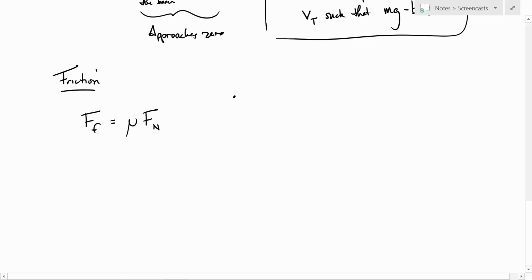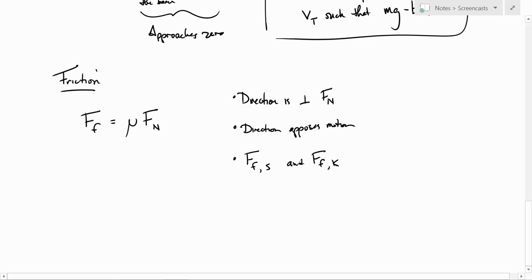We know that the direction of friction is perpendicular to Fn. We know that the direction opposes motion. And we know that we have kind of two pictures of this. We have static and we have kinetic.